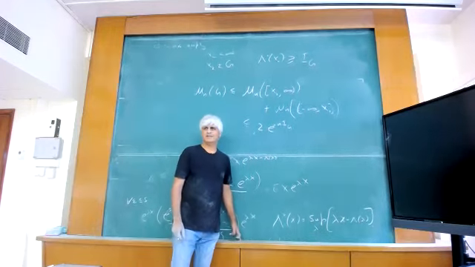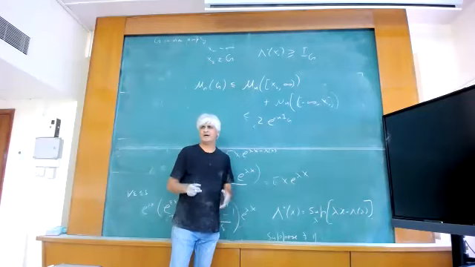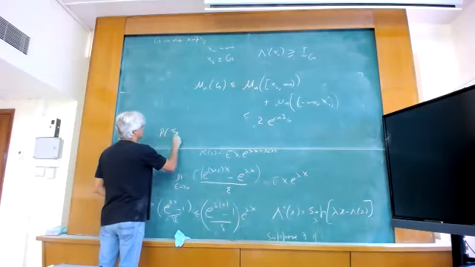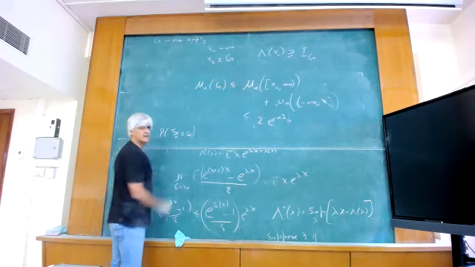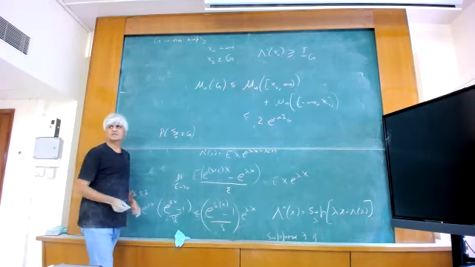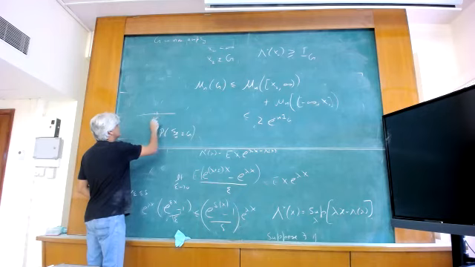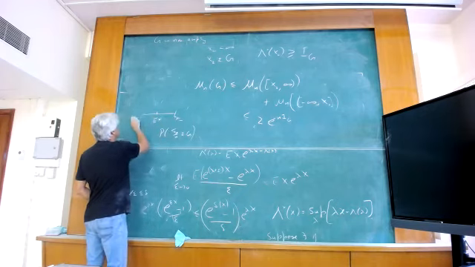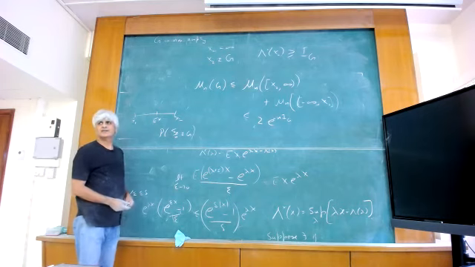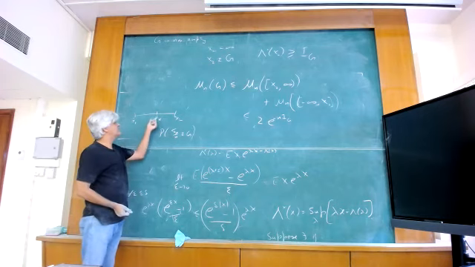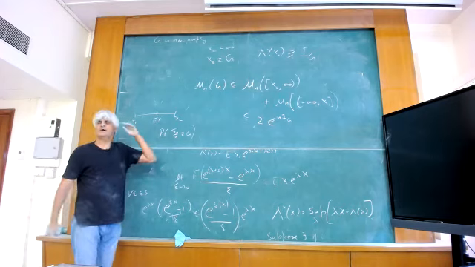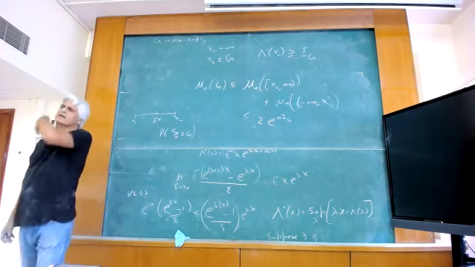Because again, how does the rare event happen? How does the probability that Sn by n is in G behave? G is a closed set. This is the P of x here. So either there's some point x2 here or there's some point x1 here. It happens the most likely way. This will either be equal to x2 or will be equal to x1. One of these lambdas will contribute.